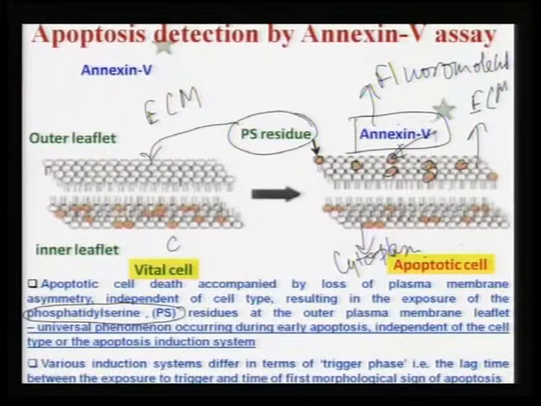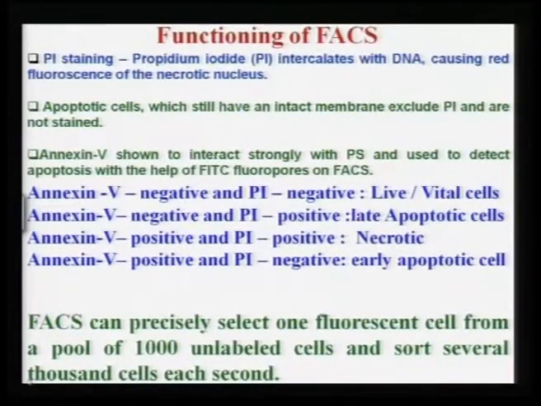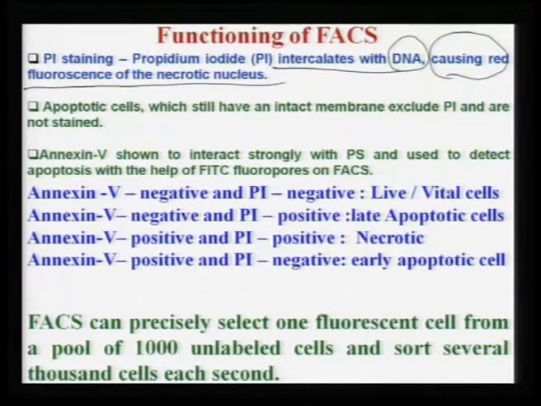When annexin 5 is positive, more apoptotic cells are present. Is it clear? There is another staining agent, propidium iodide. Propidium iodide directly intercalates with DNA, causing red fluorescence of the necrotic nucleus. If propidium iodide is negative, it is live cells. If propidium iodide is positive, it is necrotic cells.